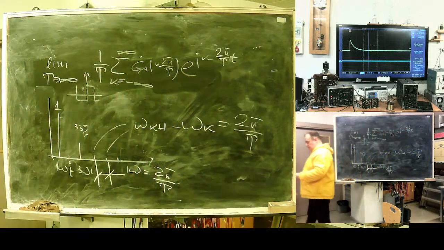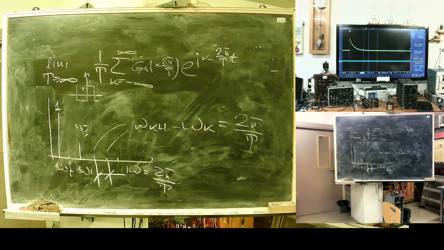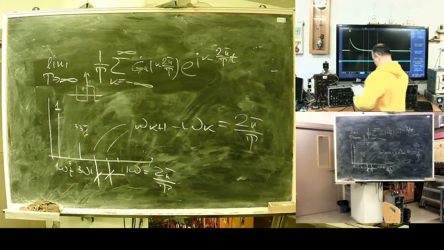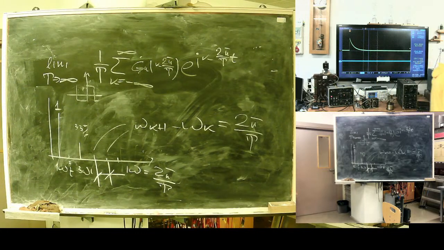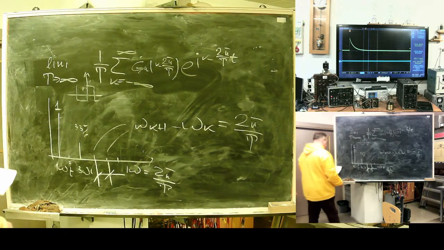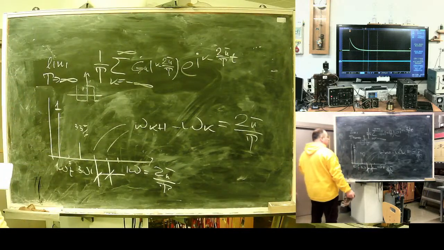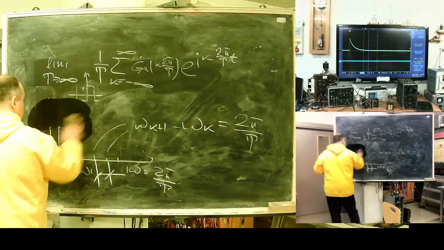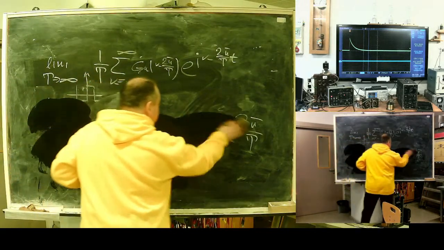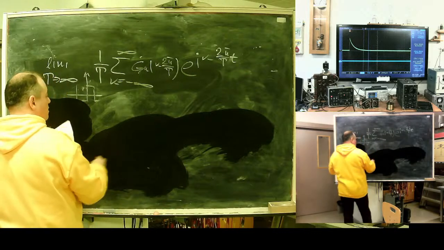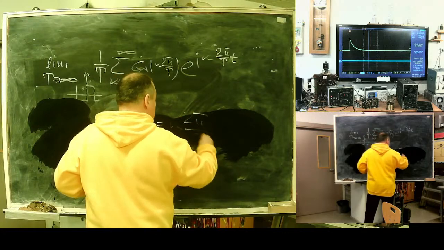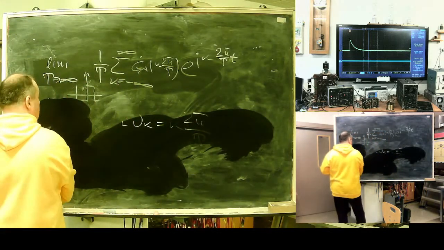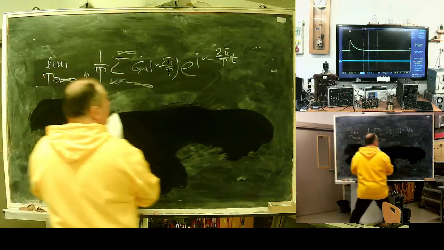Correct? Omega k is k times 2 pi divided by T.